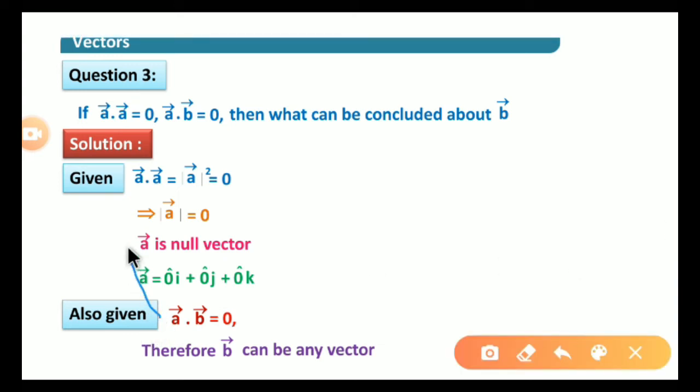So B is not necessarily a zero vector. The dot product of the two vectors is 0, which means either one of them should be a zero vector, or else B may be any vector. So B can be any vector.